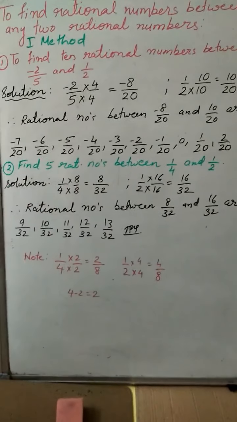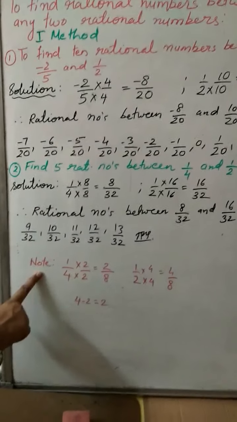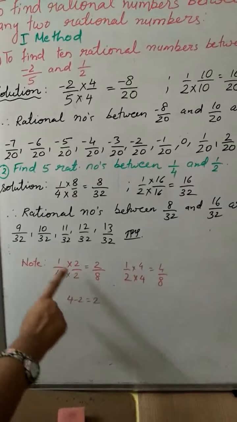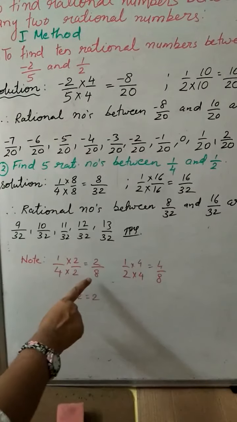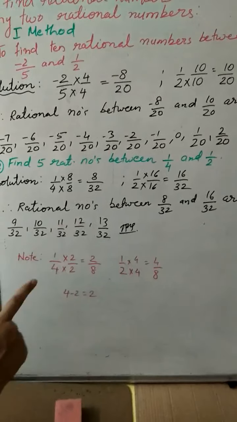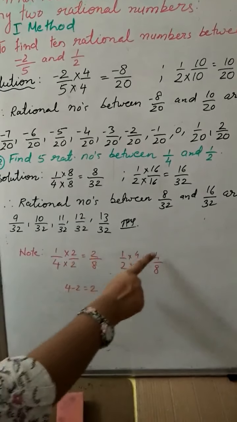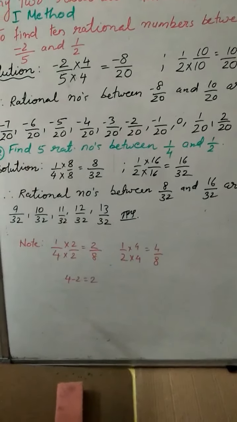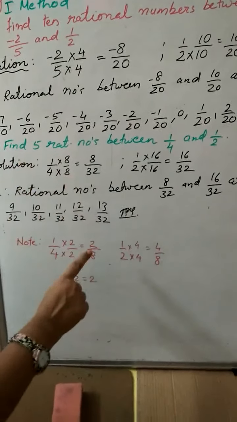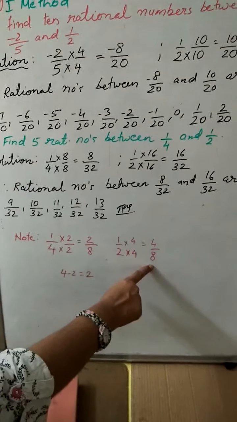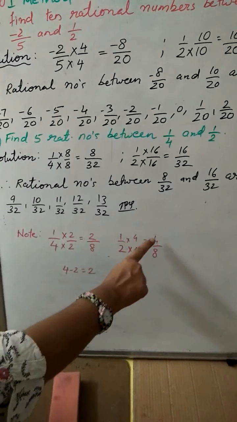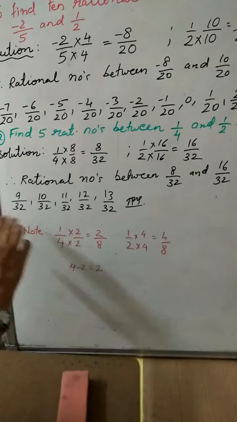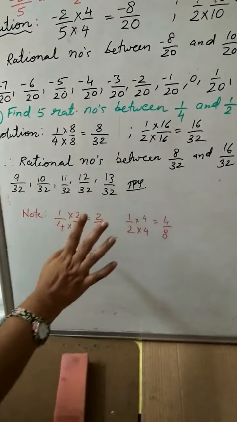But the very important point to note is that whenever you multiply these rational numbers by any number to make denominators the same, always remember that the difference of the numerators should be more than 5, because we have to find 5 rational numbers. After making denominators equal, the difference of the numerators should be more than 5. Then only you can write all those numbers quickly.